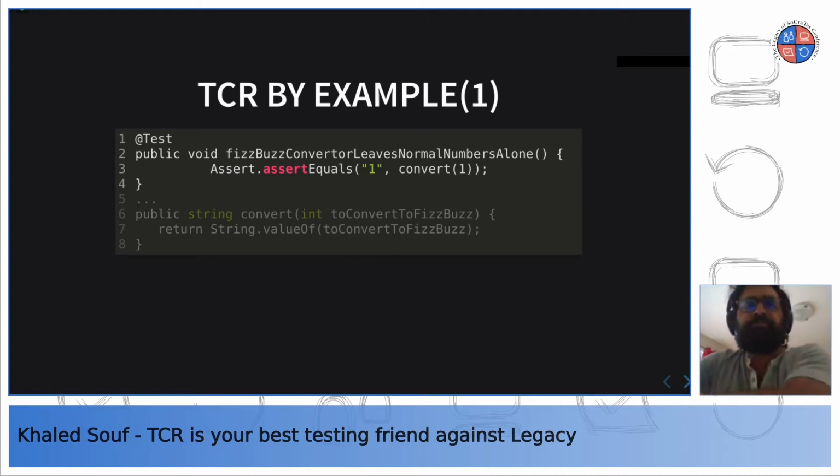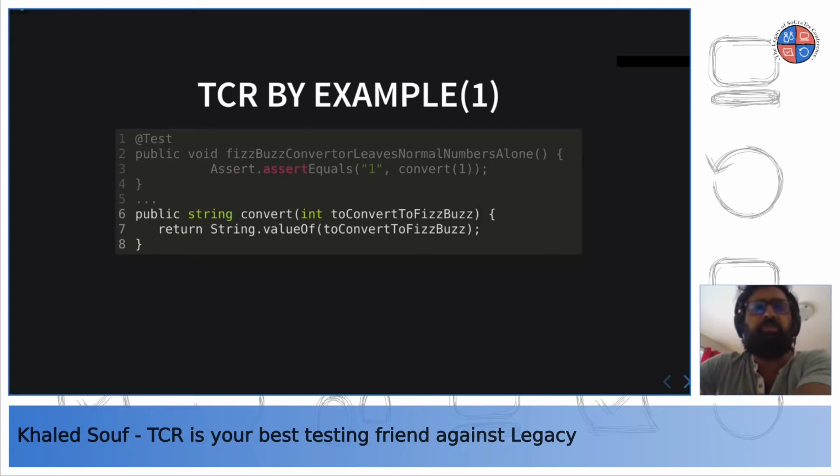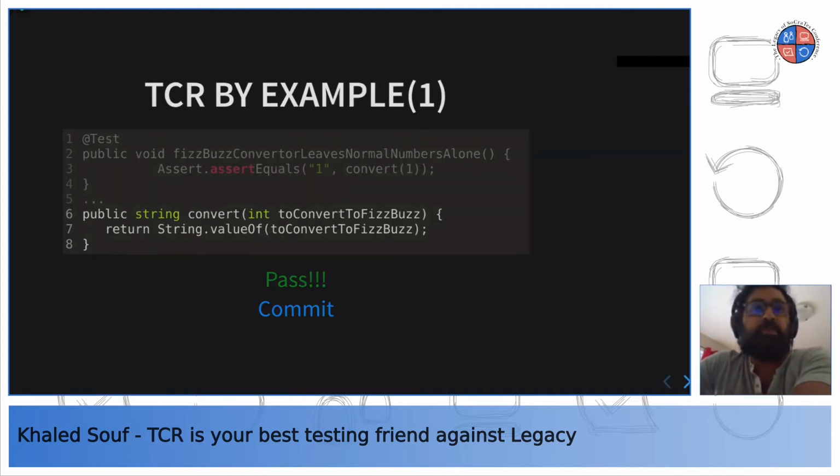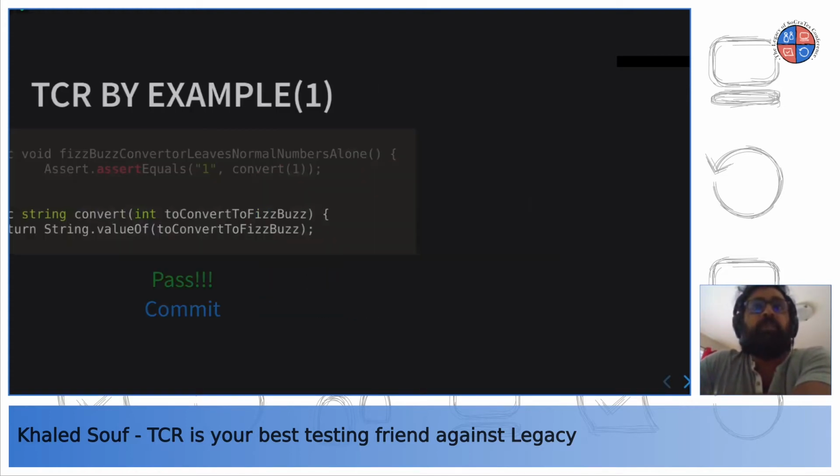And if it is a multiple of 15, it's going to give me fizzbuzz as a result. So right here, we write the test. We write the production code just enough to make the test pass, and it passes. So what happens when it passes? Usually, I use some kind of script, so that when it passes, it directly does the next action. What is commit actually?